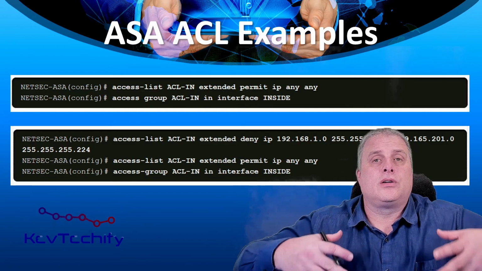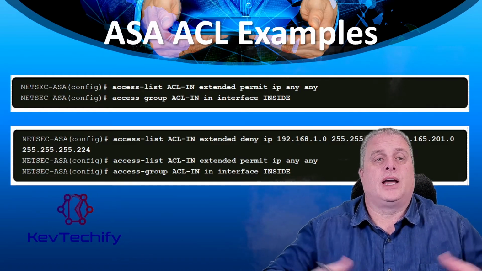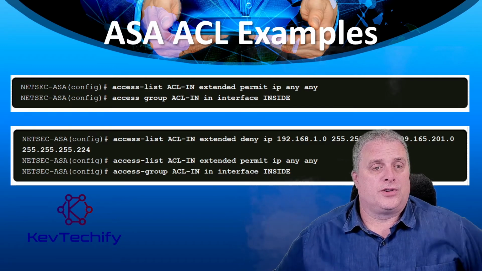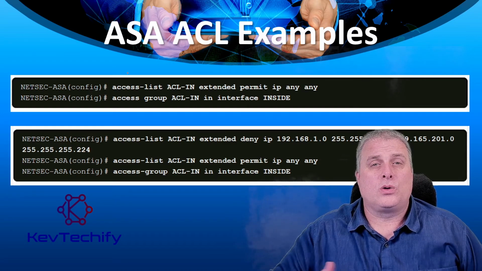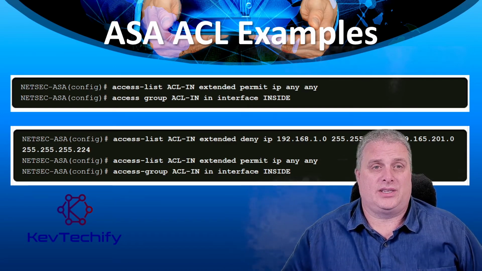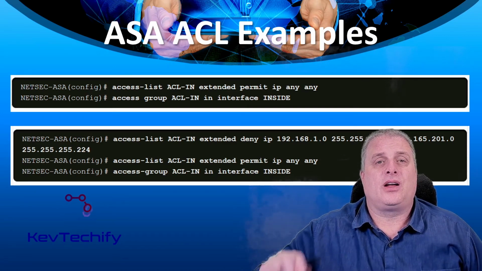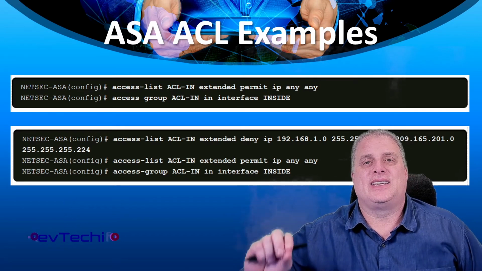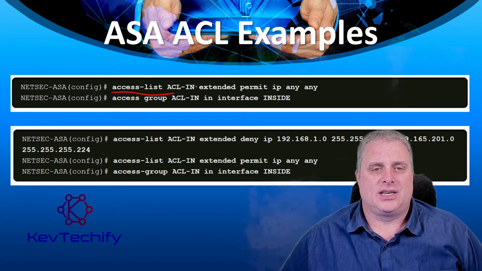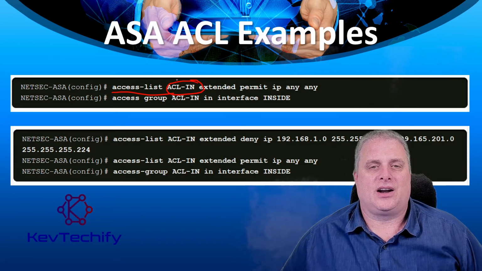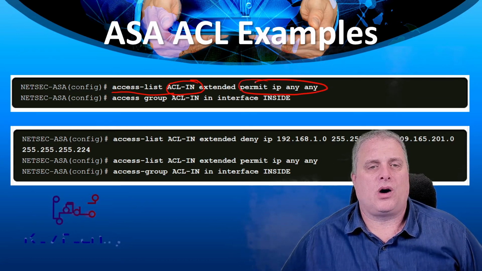There's a couple of ASA access control lists I'd like to talk to you about. The first example is this ACL allows all hosts on the inside network to go through the ASA, and then by default all their traffic is denied unless explicitly permitted. So what we did here is we created an access list called ACL-in, and so all the devices on our inside network will be permitted to go out of our network.